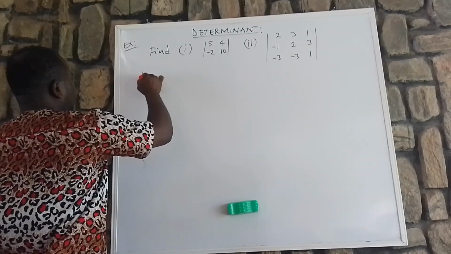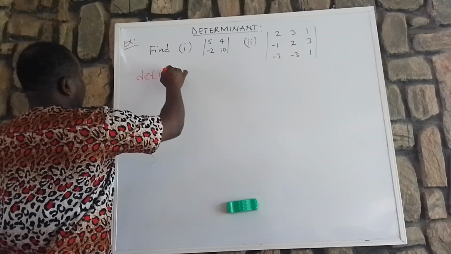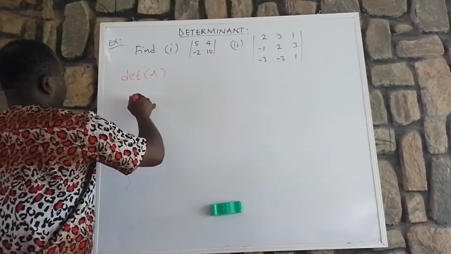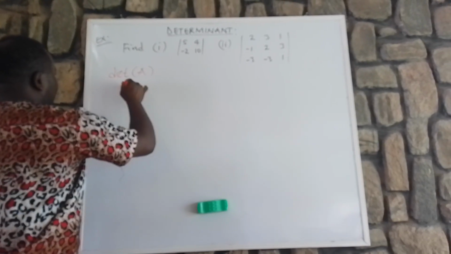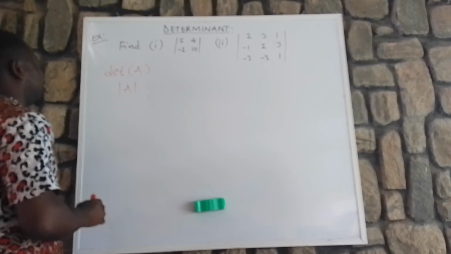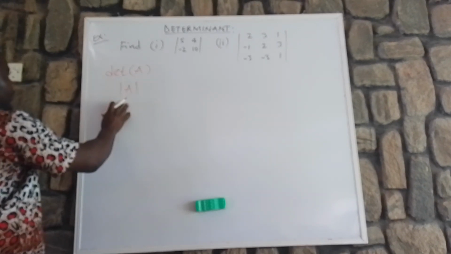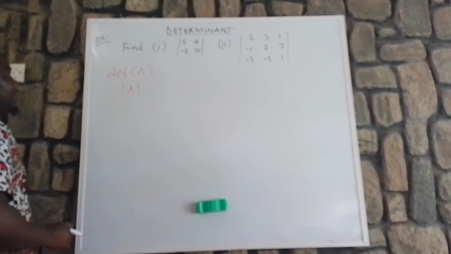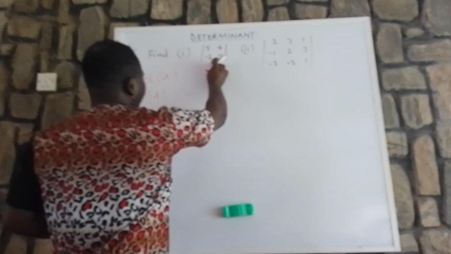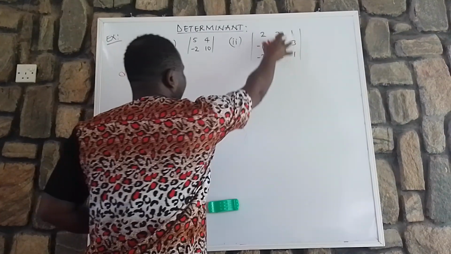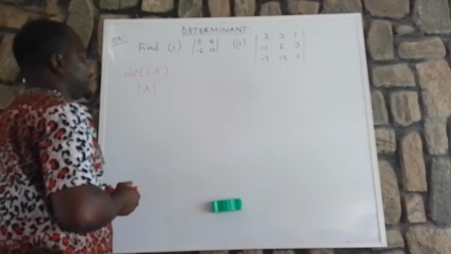Determinant could be of this one, either determinant of A, or this is a determinant of A. So whenever you come across a matrix like this, they are asking you to find the determinant. Look at this 2 by 2 matrix and this 3 by 3 matrix. They are telling you to find the determinant.